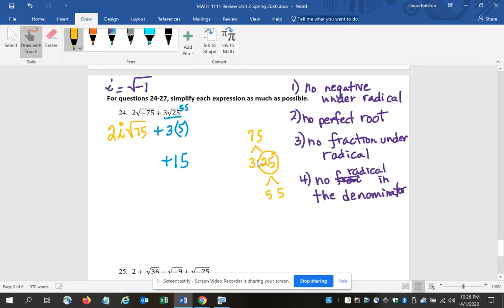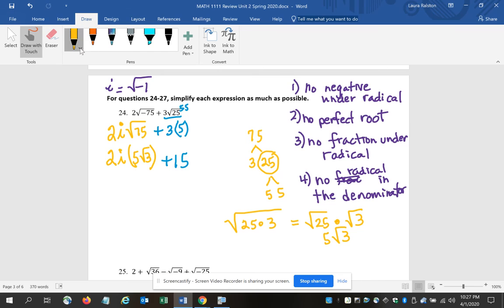But then I need to get rid of this perfect square. So if I rewrite the square root of 75 as 25 times 3, then I have the square root of 25 times the square root of 3. But square root 25 is a 5, so that becomes 5 square root 3. So I would have 2i times 5 square root 3.